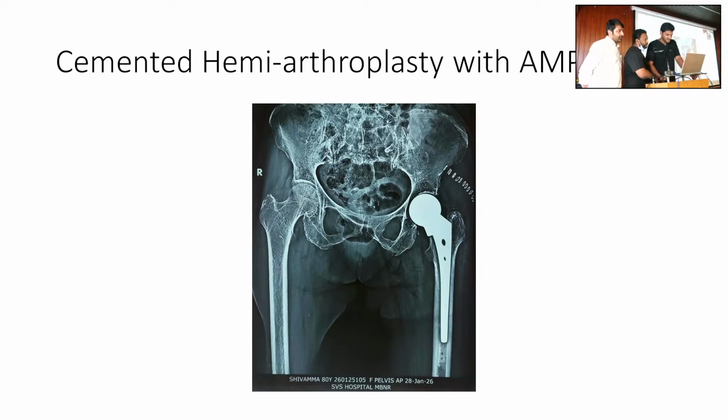Which is the major one, the big triangle? Weight bearing area. Which triangle is it where deficient bone is not there, just fat is there?